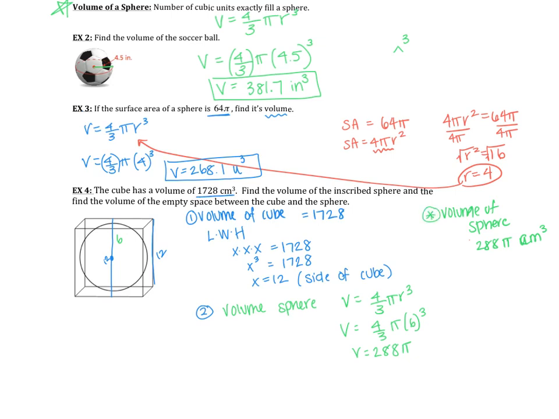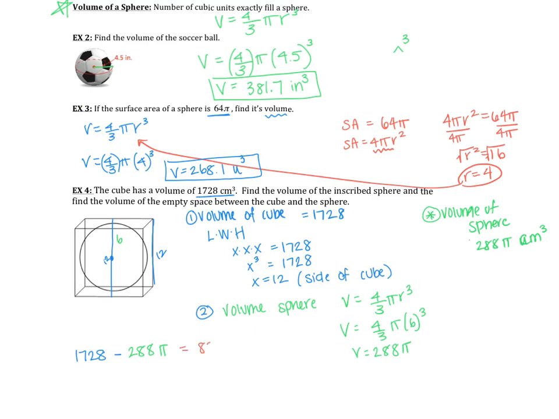Okay, the next part that we needed to answer is we needed to find the volume of the empty space. So if I know the volume of the cube and I know the volume of the sphere, to find the volume of the empty space, I'm going to take the volume of the cube, which is 1728, minus the volume of the sphere, and that's going to give me the volume of my empty space.